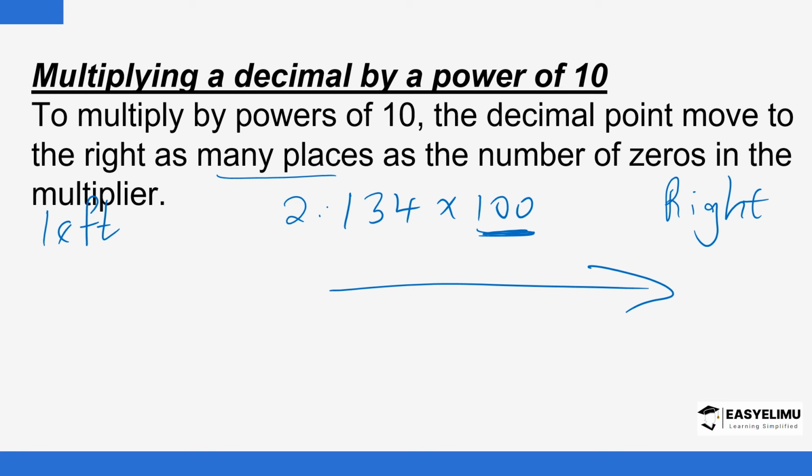For example, the decimal point will move from here: 1, 2. So the decimal point will shift from in between 2 and 1 to in between 3 and 4. So this number will be 213.4 as the final answer. That is the general rule that is applied when it comes to multiplication of decimals by powers of 10.